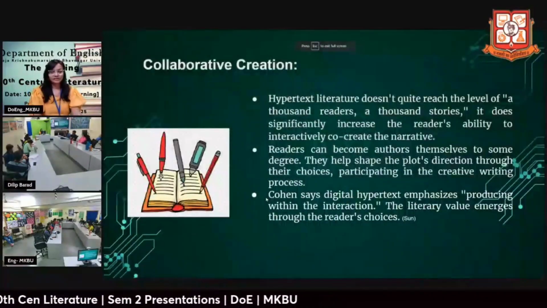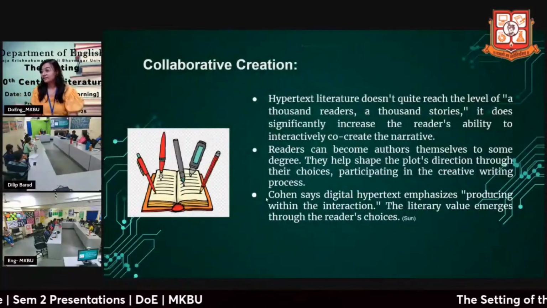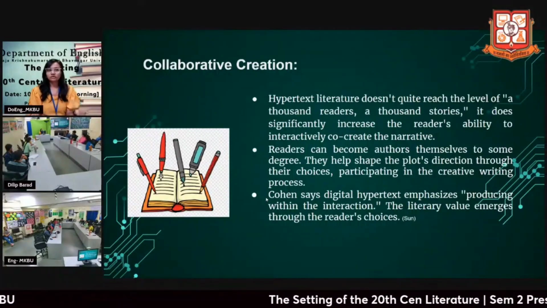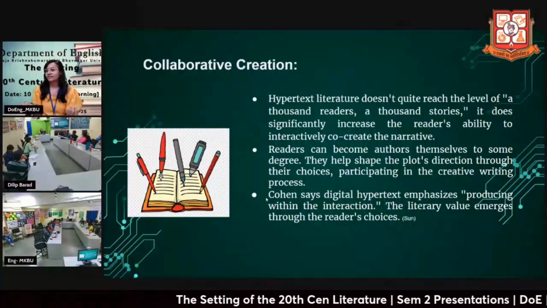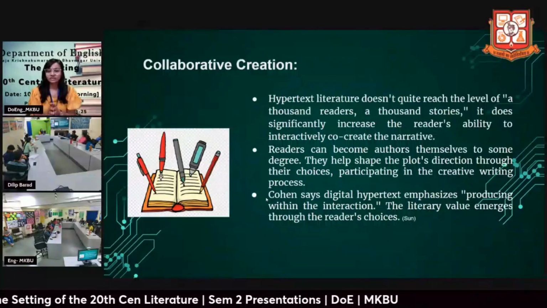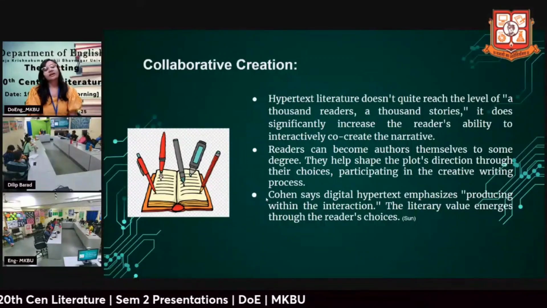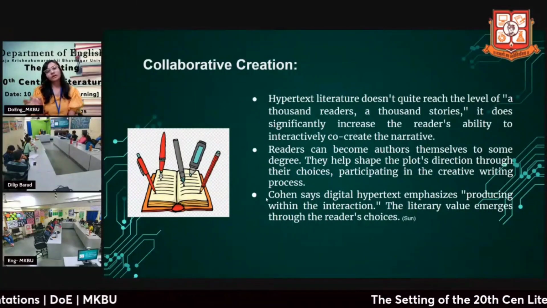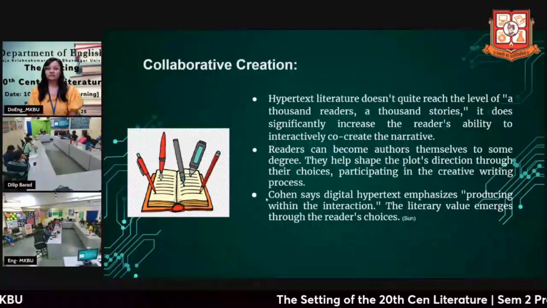Another is collaborative creation, which is a postmodern element, the decentralization of the author. So the author is not decided. You can be the author. It is providing a platform to every reader, and you can also create the plot. So what will be the next?